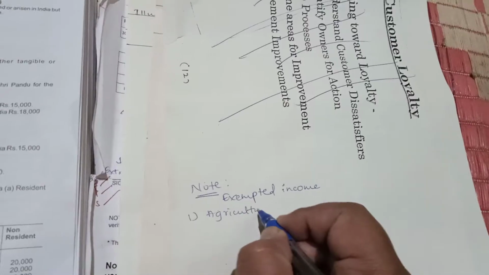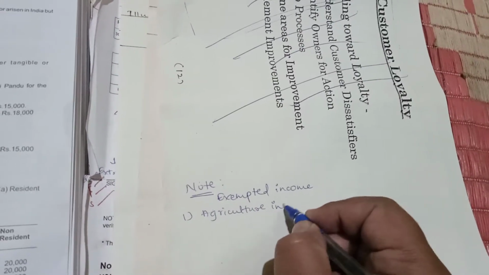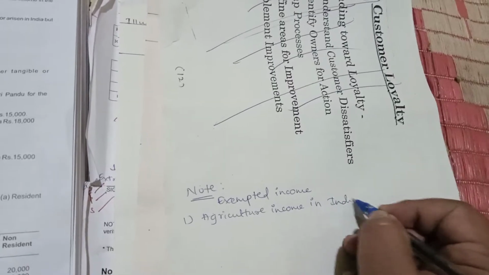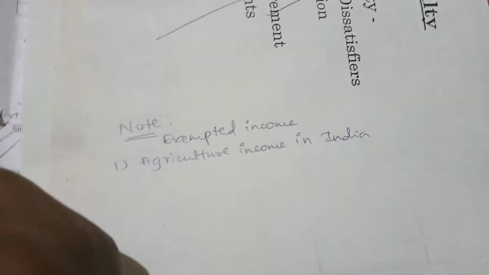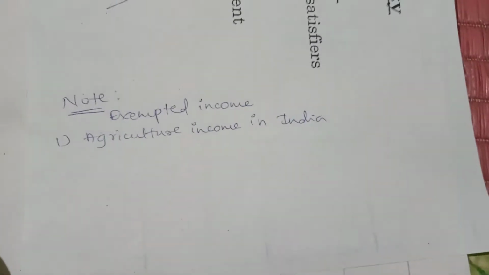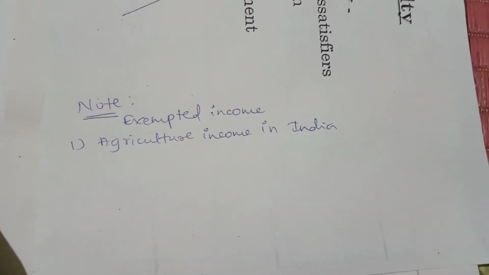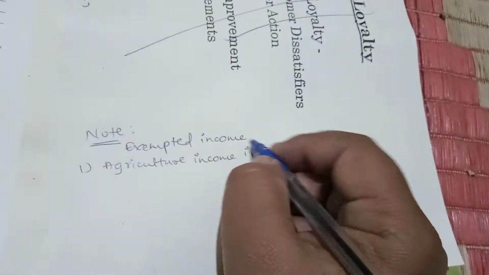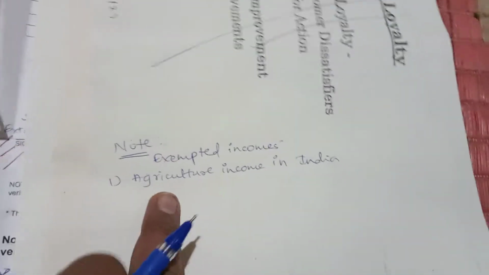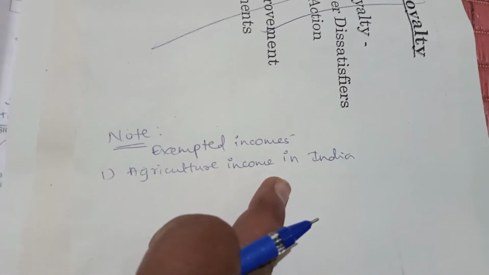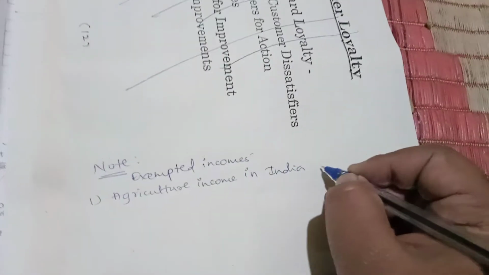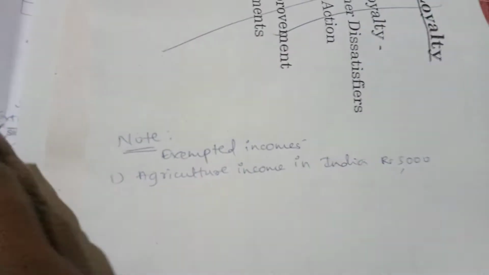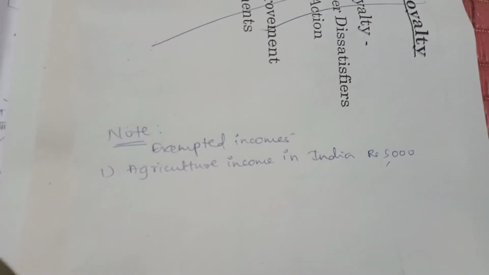That is why agriculture income in India is fully exempted and it should not be shown within the format. At the end of the format, you need to show a note as exempted incomes, and below that you need to write agriculture income in India rupees 5,000. It should not be taxed. Fully exempt in the sense it should not be taxed anywhere.